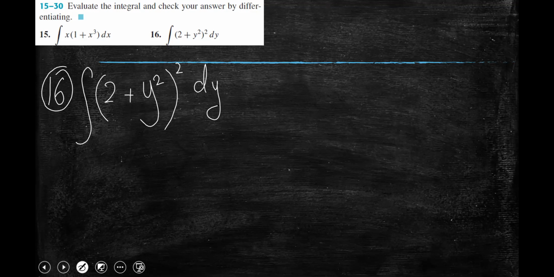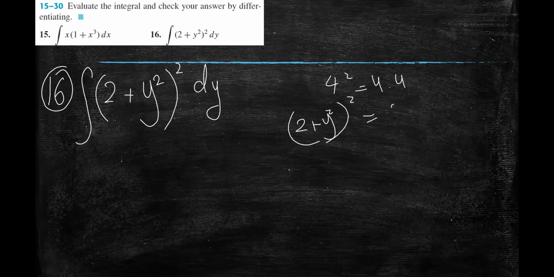We multiply it by itself. Thank you. Here we know that if we have 4 squared, that means it's 4 by 4. So if we have 2 plus y squared to the power 2, that means I have to multiply it by itself.